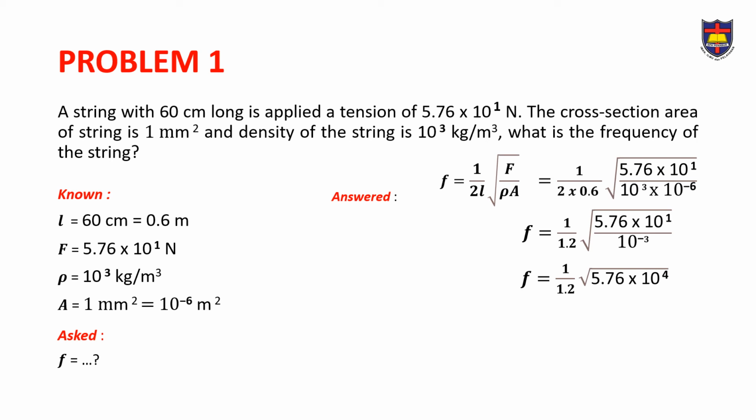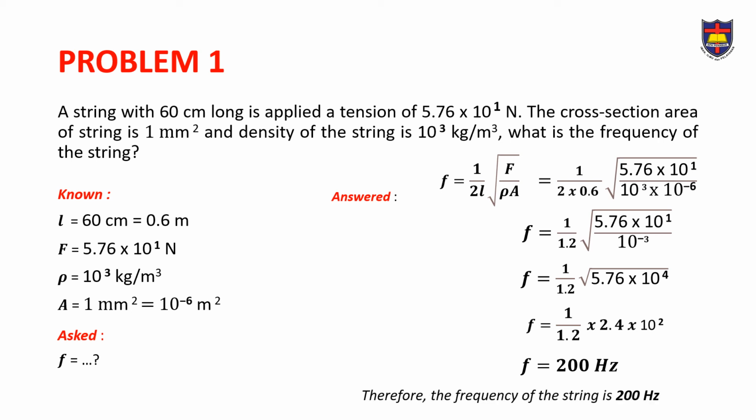So the square root of 5.76 times 10 to the power of 4, we get 2.4 times 10 to the power of 2. So we can divide, 2.4 divided by 1.2 is 2, right? Times 10 to the power of 2, we get the frequency is 200 Hz. Therefore, the frequency of the string is 200 Hz.